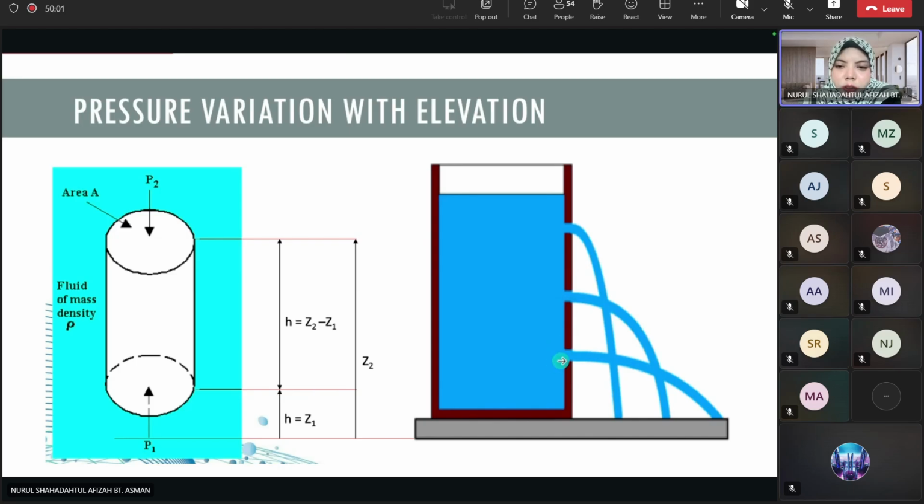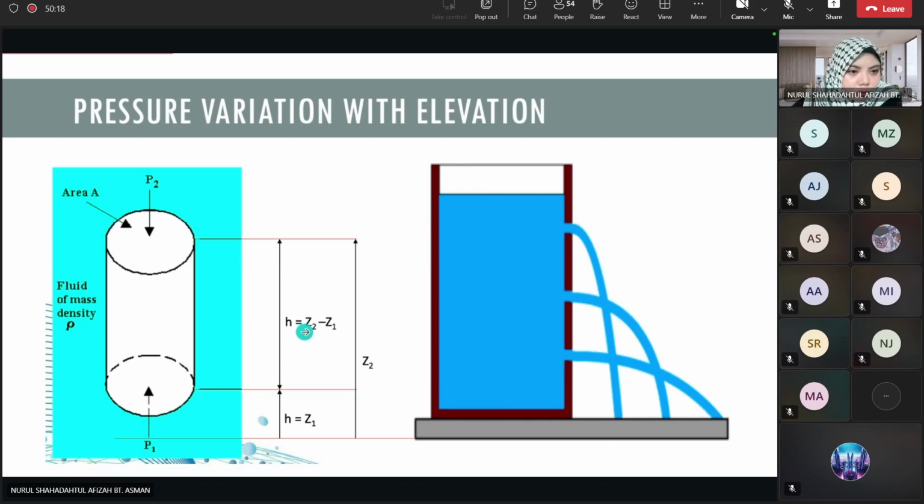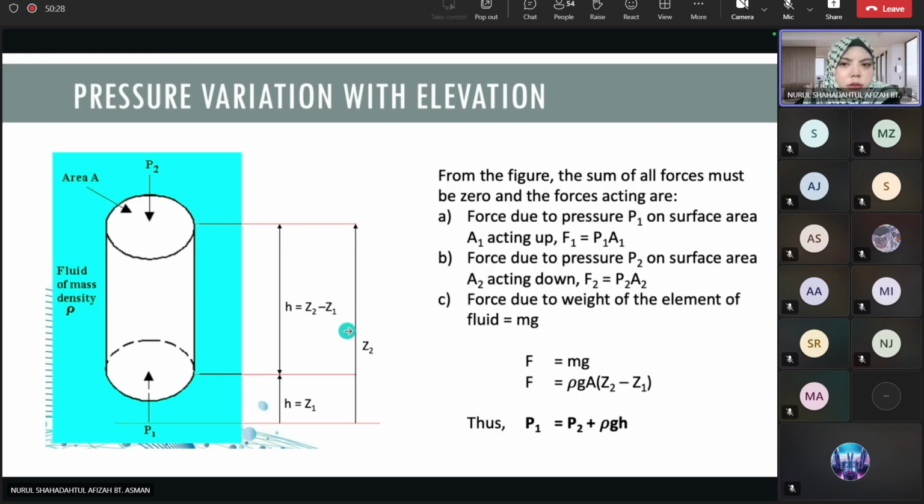Yang paling bawah container ni kalau untuk lubang, pressure-nya makin tinggi sini lah. That's why ni jarak tu yang paling jauh. So ni example P1 dengan P2, pressure di sini and pressure here. I think in this one you can try to do it nantilah example supaya lebih senang.